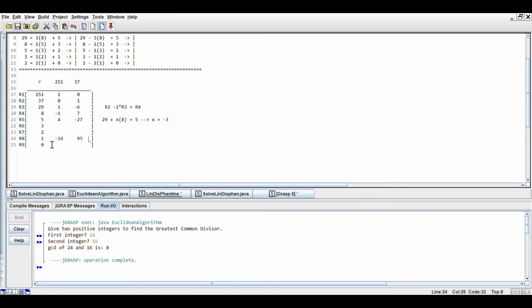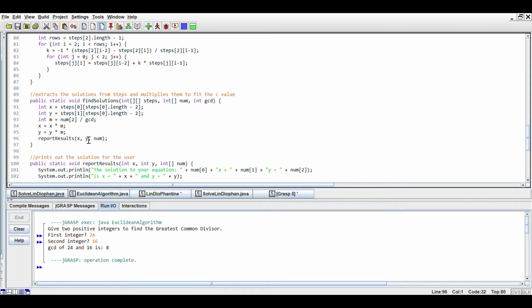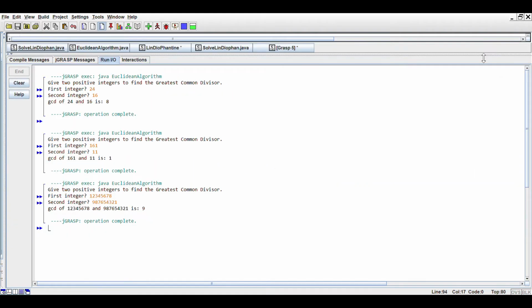You guys can trust me on that, or you can check for yourselves. But that would be right here on this line with remainder 1, because the greatest common divisor between our a and b is 1. And so then it finds the multiple that c is of the greatest common divisor and multiplies that by x and y to get the solution to the equation.